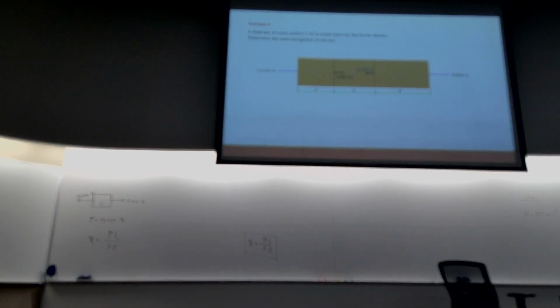So delta 1 will be P1 L1 divided by AE. The A's and E's are all the same for all segments, so we'll just call it AE.